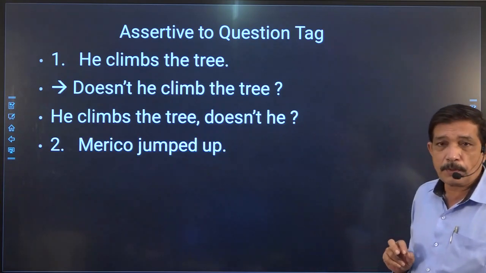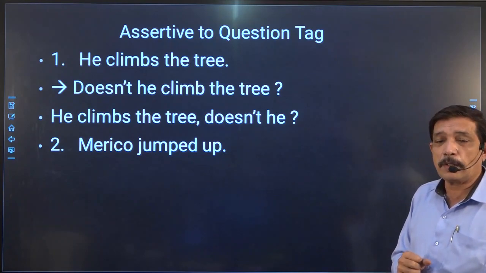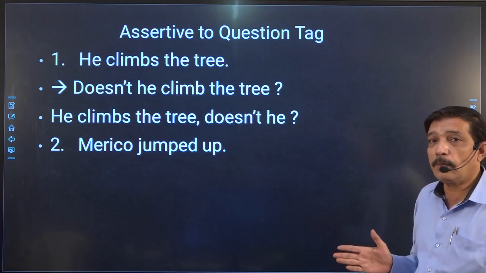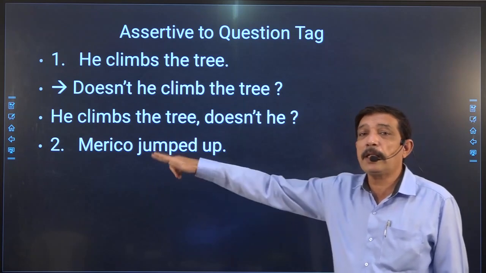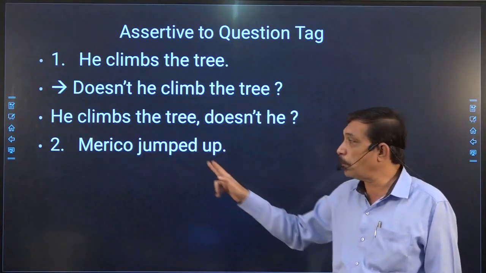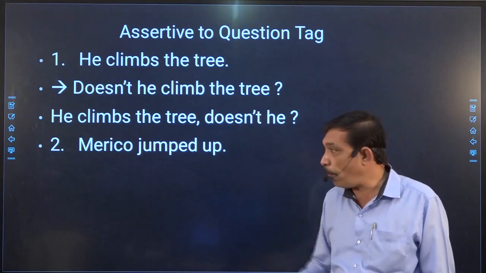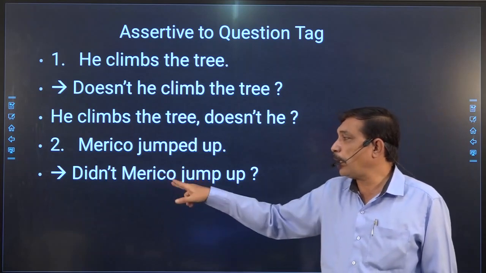Mariko jumped up. Here also we see that the question tag, here also we see that there is no helping verb. Directly the verb is there. Mariko jumped up, but the verb is in past tense. That means Mariko did jump up, right? So the form of do that is used in this sentence is did, past tense of do form. So the question interrogative that we formed is, didn't Mariko?